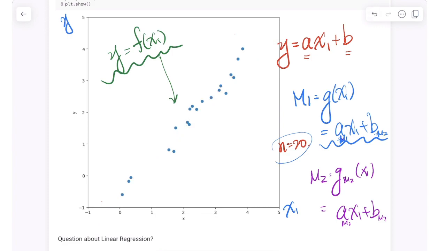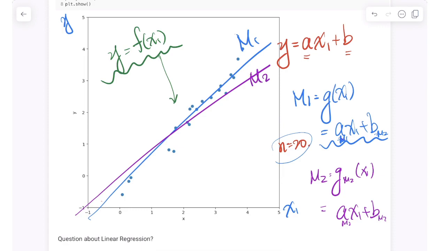So the green line in model 1 could be this line, M1. And the purple one could be another line generated by another machine learning algorithm. It can be this line, M2.